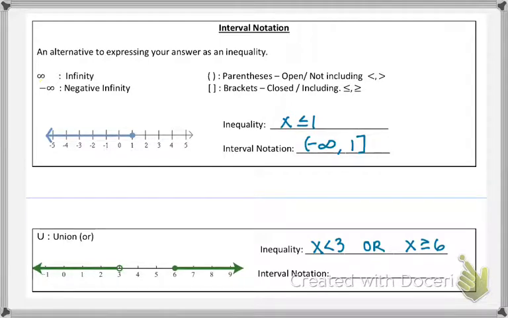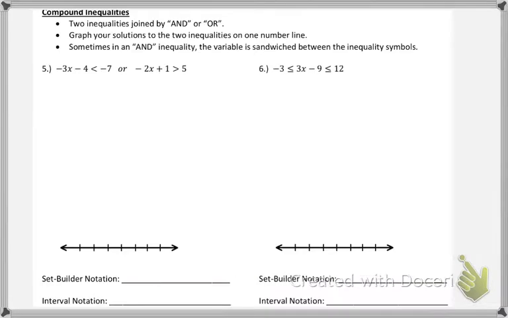Then in interval notation, what could x be? x could go from negative infinity to 3, not including either, so open parentheses, or using the union symbol, x could be anywhere from 6, including 6, to positive infinity, not including positive infinity, since we can't include infinity. So just another way to represent the answer.